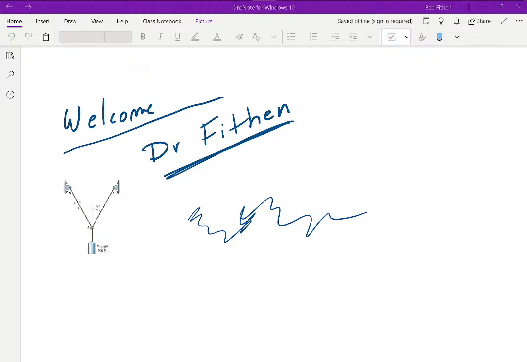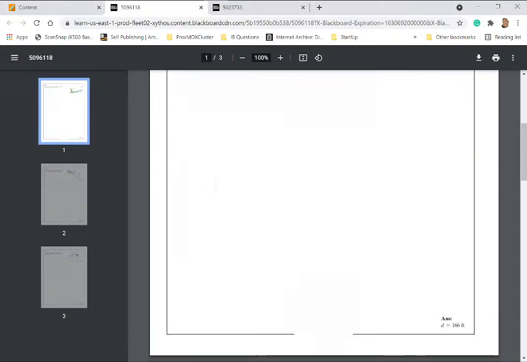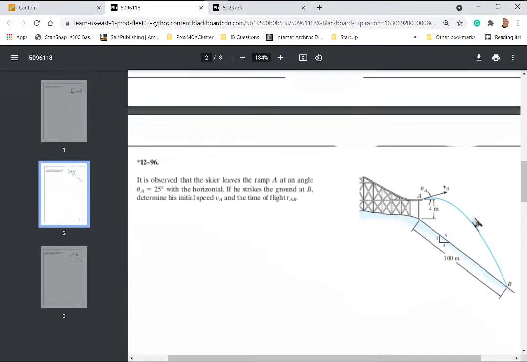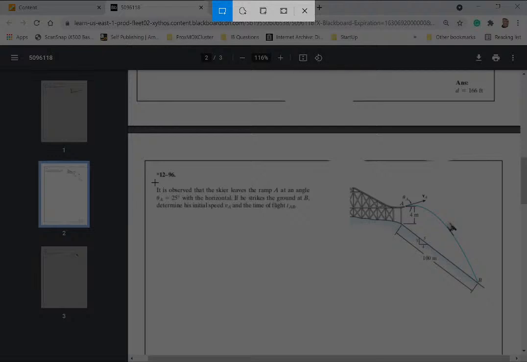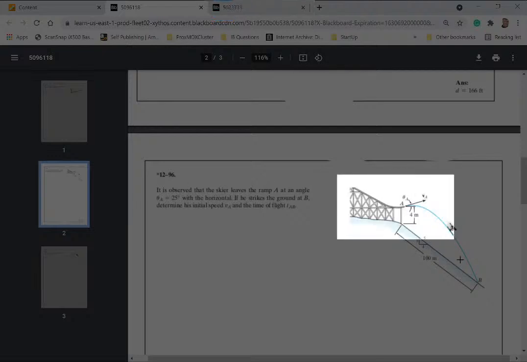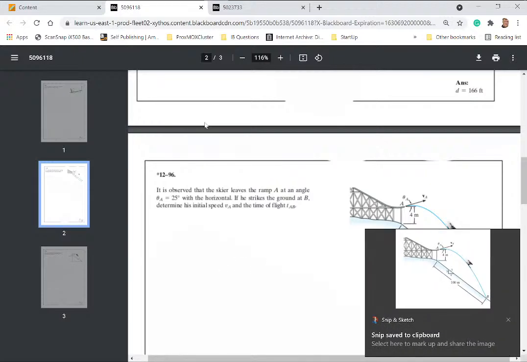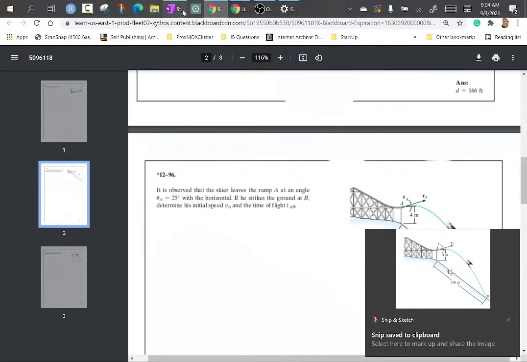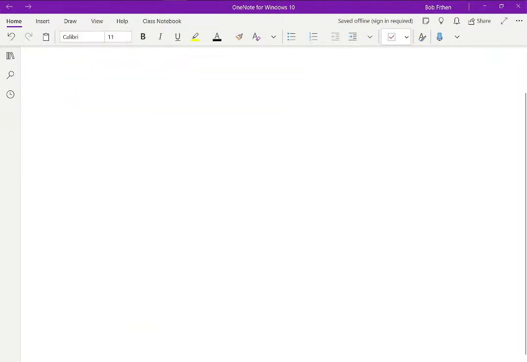So what I'm going to do today is really quickly move through one problem. And the one problem is this one. So what I'll do, I'll get the picture first, and I will move it over and drop it right here.